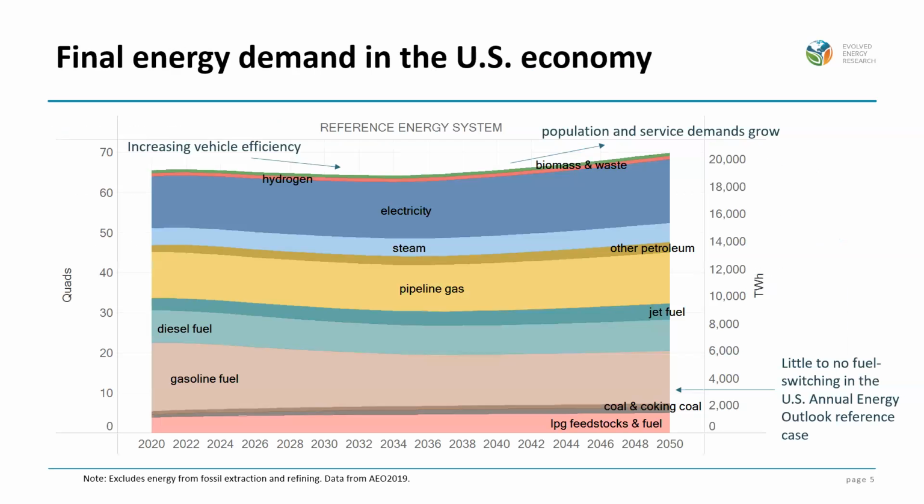So this is final energy demand for the U.S. economy, with electricity being just the piece there, the dark blue piece at the top. And in the Annual Energy Outlook, we have, for the decades that AEO has done this, very little incremental efficiency and electrification.